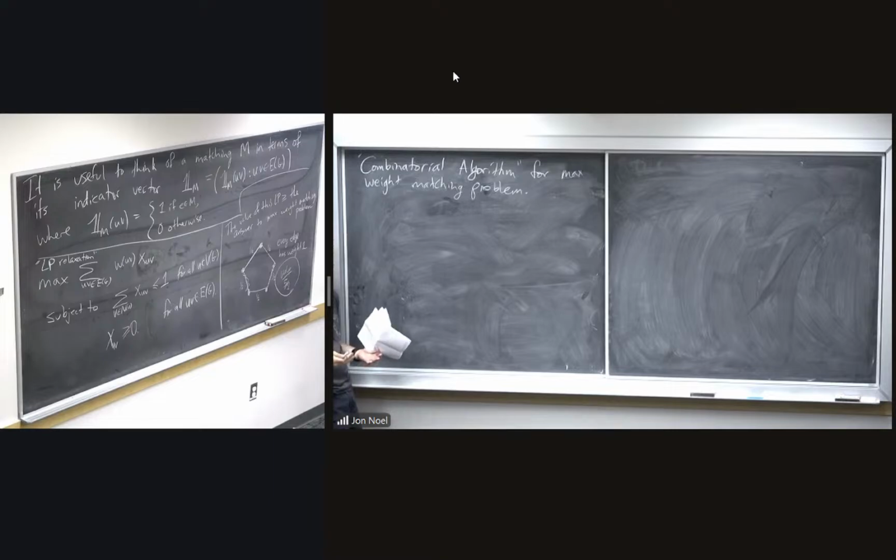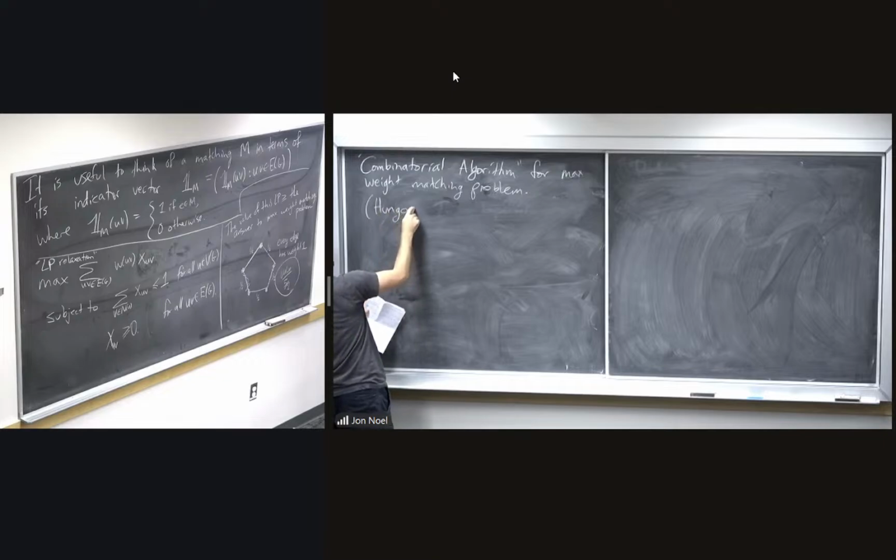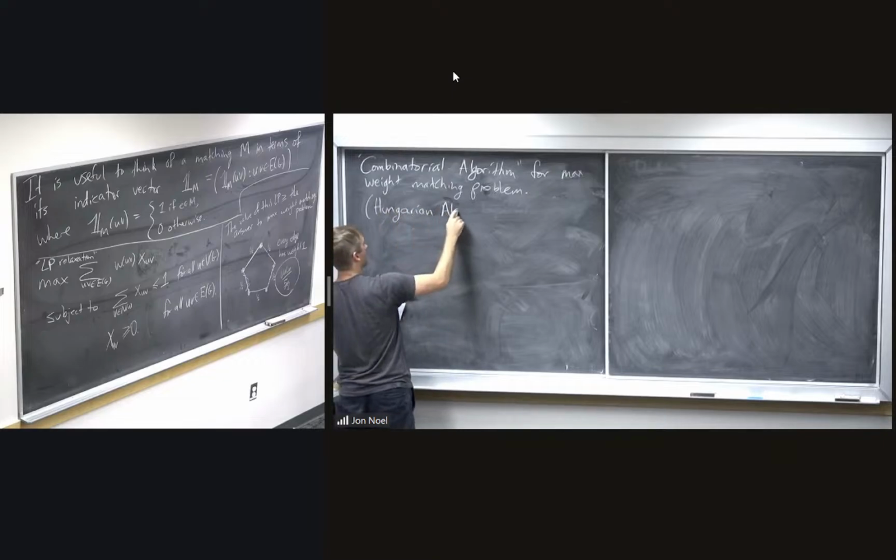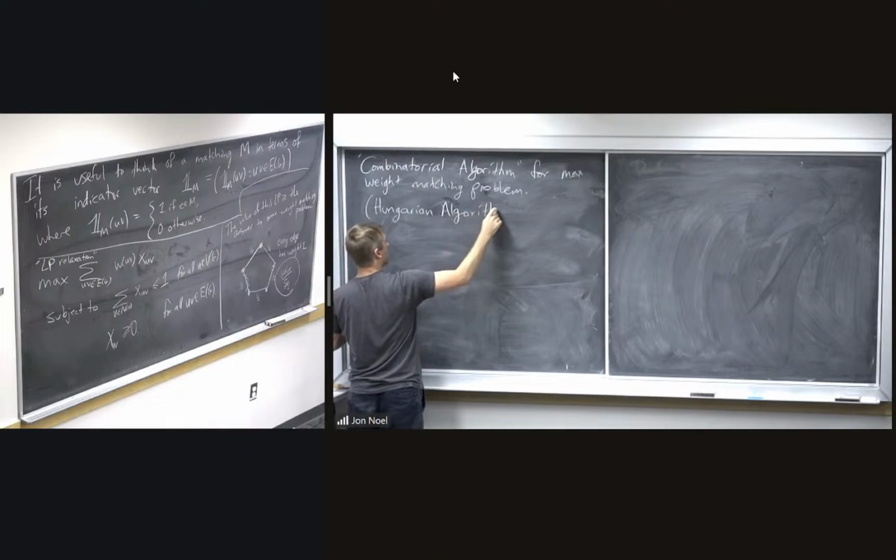It's just that if it feels like you're doing something combinatorial, like walking around paths in the graph, then that's a combinatorial algorithm. I mean, in some sense the simplex method is kind of combinatorial as well. But anyway, this will be more efficient than something like the simplex method. Okay, so this is usually called the Hungarian algorithm.